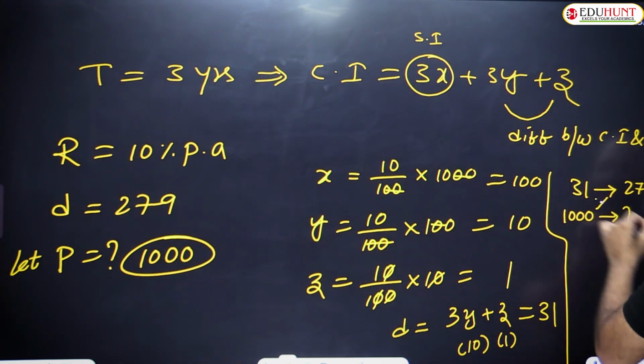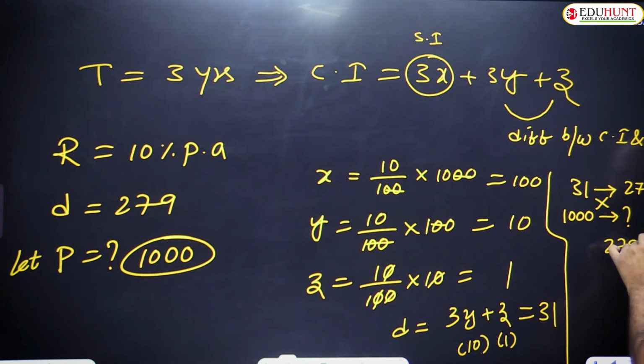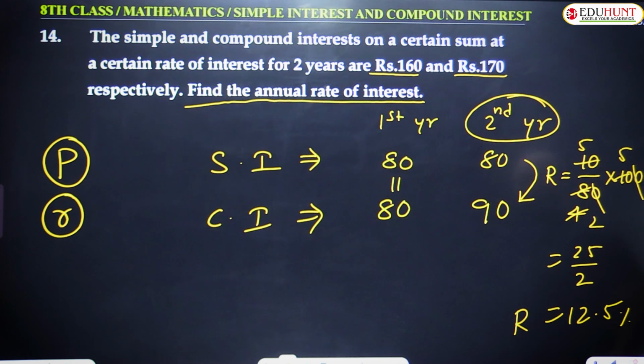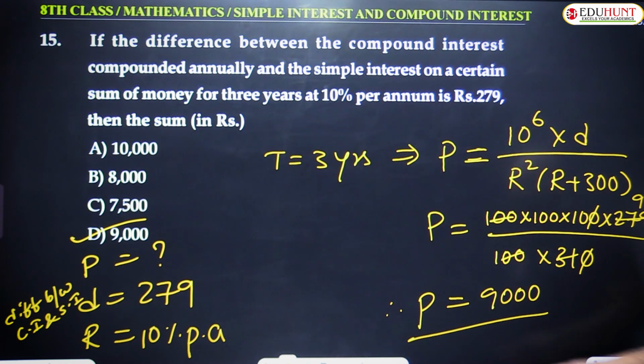You should apply cross multiplication: 279 into 1000 by 31. 31 nines are 279, so 9 into 1000 is 9000. This is the Pascal method. The 1000 parts value is the principal.